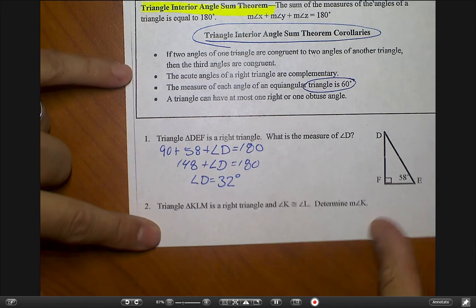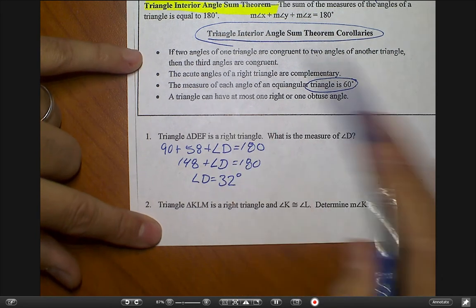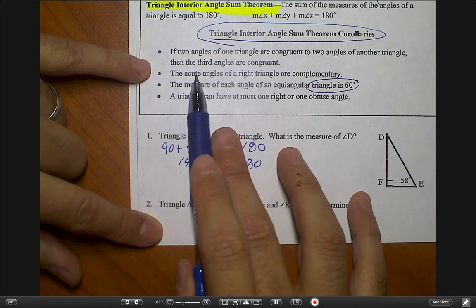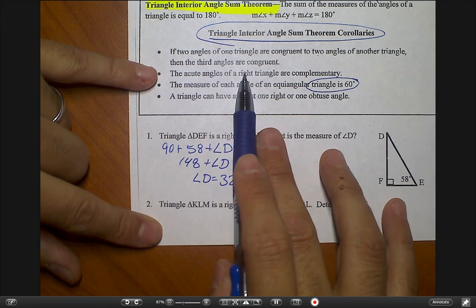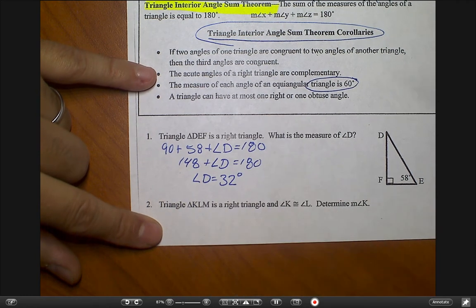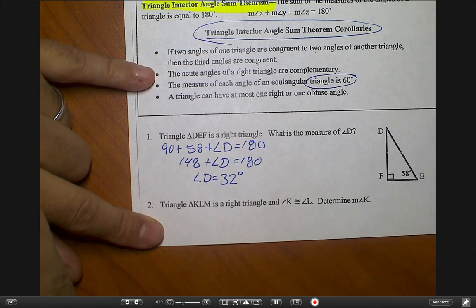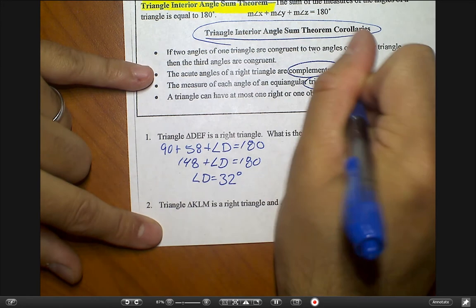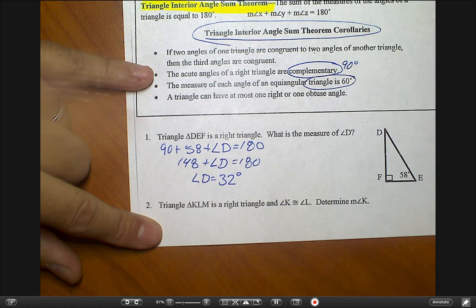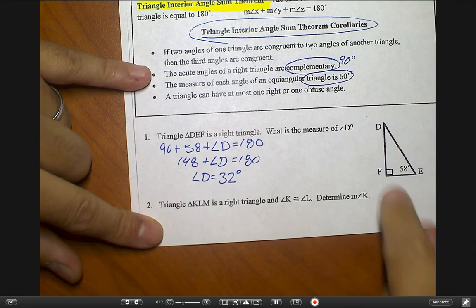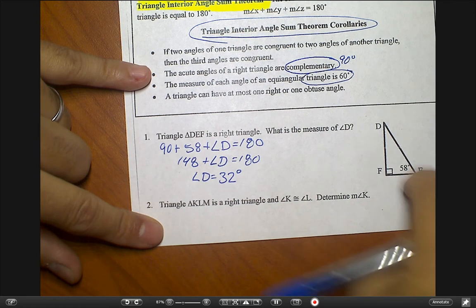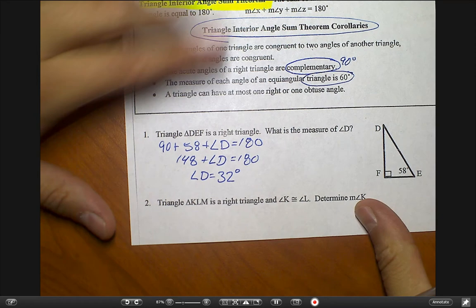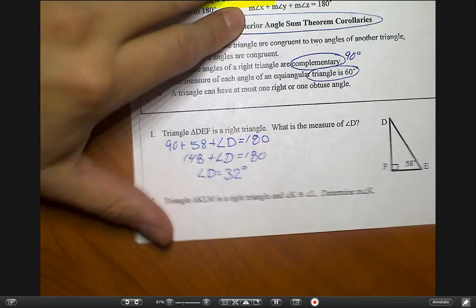Okay, so now I'm going to do this again, but this time I'm going to use this: acute angles of a right triangle are complementary. What does complementary mean? Complementary means 90 degrees, right? So if it's a right triangle, that means the other two together have to only add up to 90, right? So it's doing the exact same thing.